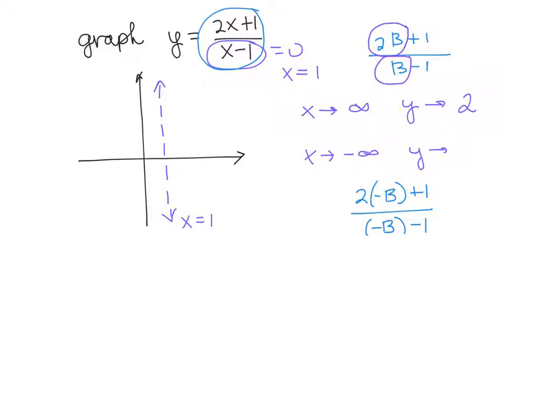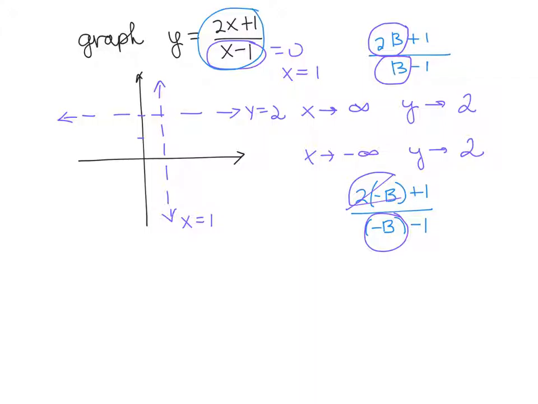So we are dealing with 2 times negative b divided by negative b. So here again we have 2. As x is approaching negative infinity, the y value is equal to 2. So that's 1, 2 over here. So here are my two asymptotes: x is equal to 1 and y is equal to 2.